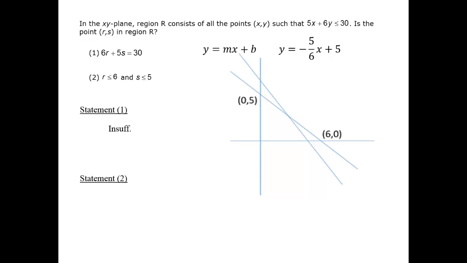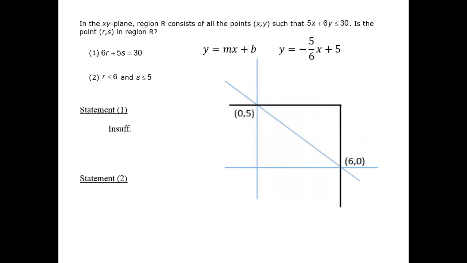Statement 2 describes the range of possibilities for the point R, S with two boundaries. Since each boundary is parallel to an axis, Statement 2 describes a box-like corner boundary that includes everything to the left and down. It looks something like this.